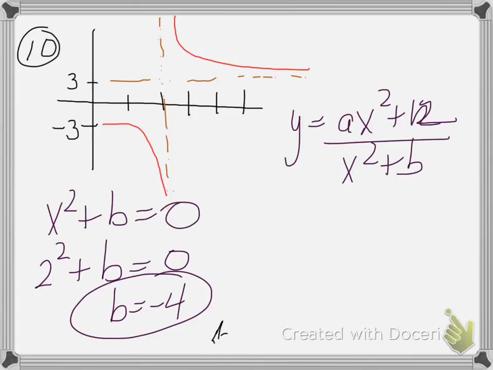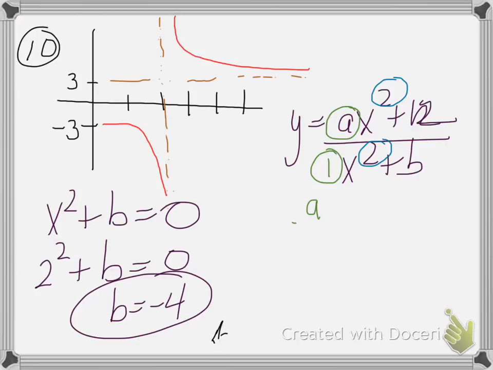Okay, now horizontal asymptotes occur when you look at the numerator and denominator for the highest degree. So you can see that the highest degree is in both the numerator and the denominator. And therefore, you would take the coefficients. So the coefficient of the numerator is a. The coefficient in front of the denominator is 1.